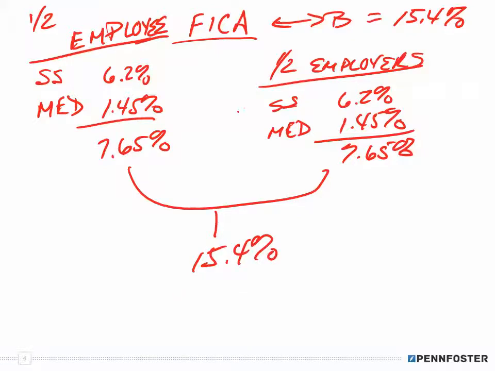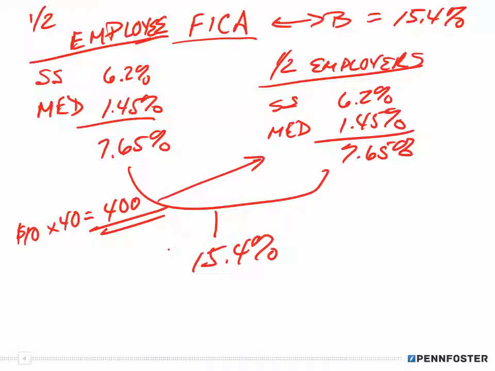Okay, so if you were paying attention to the first video, I had said most people think that when they go to work and let's say they get hired for $10 an hour and they work 40 hours a week, that they get paid $400. Well, that's not true. They actually get paid more than that, for the simple reason that the employer has to pay towards their Social Security and their Medicare.